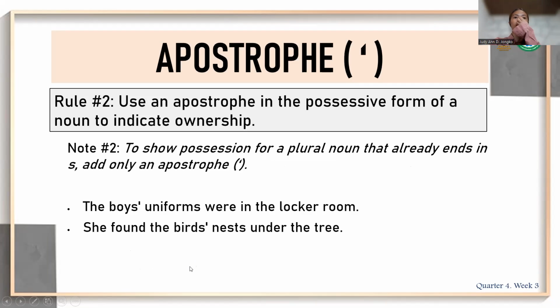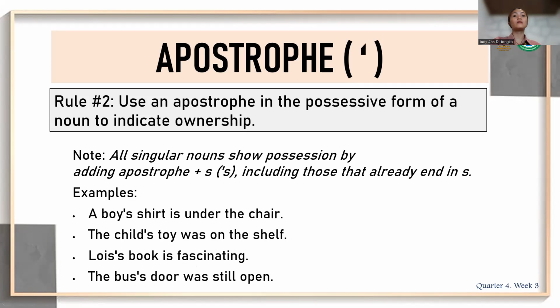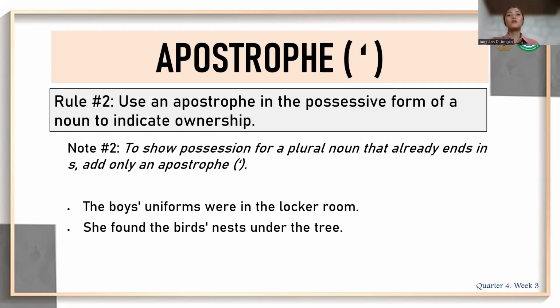For the second note in rule number 2, it is to show possession for plurals. In the previous part, we discussed the singular noun. In this part, we discuss plural nouns. What can we do about plural nouns? Plural nouns that already end in s add only an apostrophe. For example, the boys' uniforms were in the locker room.